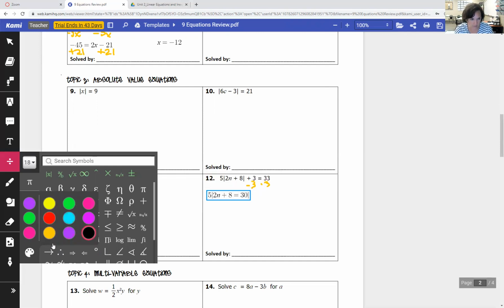Gotta watch out for those absolute value bars.